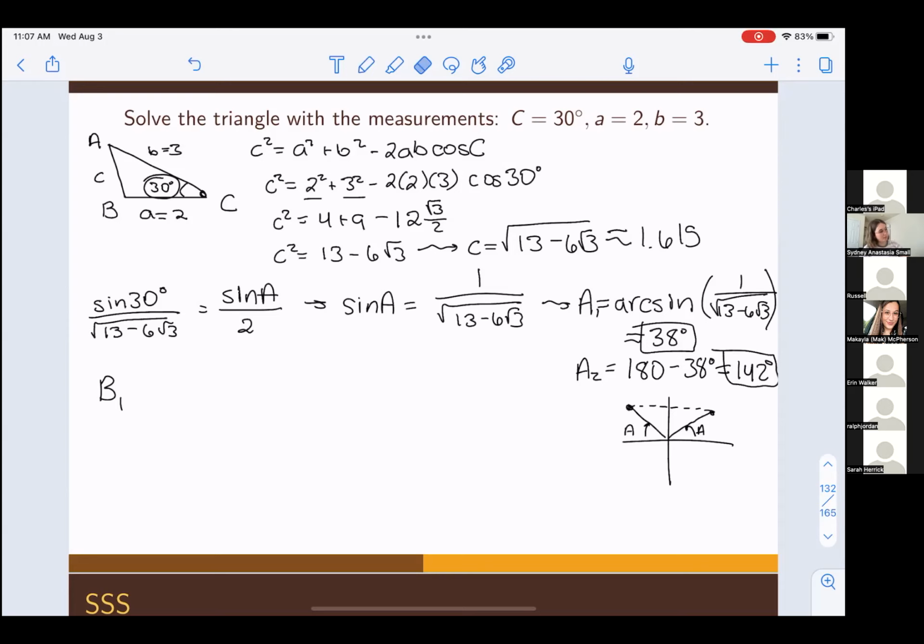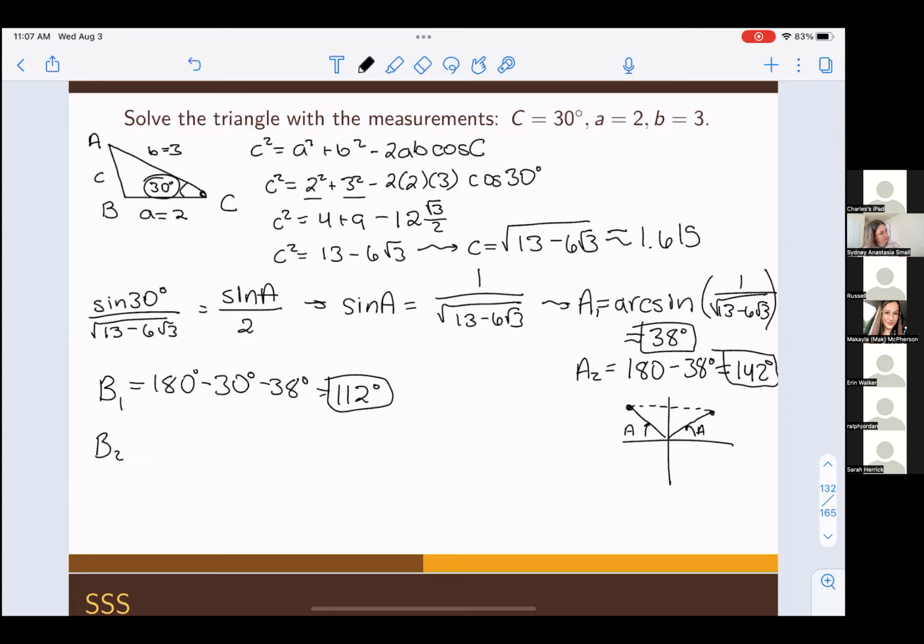So B1 is equal to 180 degrees minus 30 minus 38 degrees, since A plus B plus C is equal to 180, and that gets us 112 degrees.